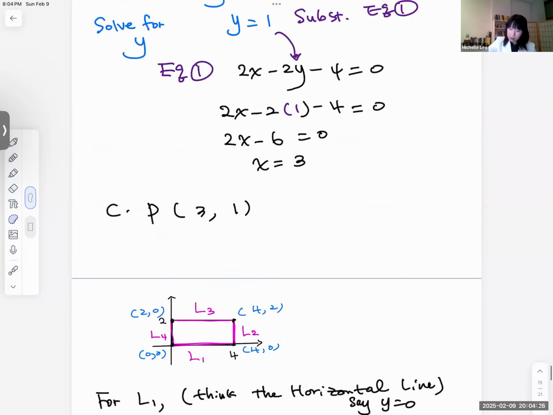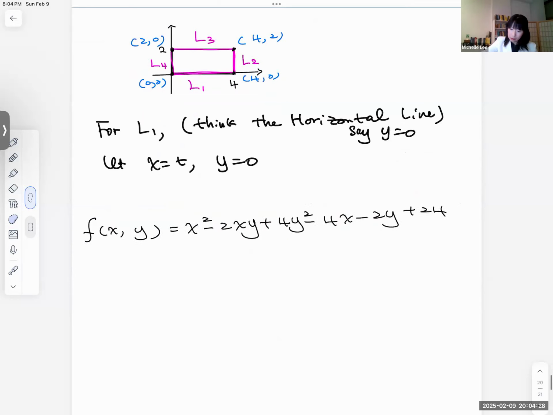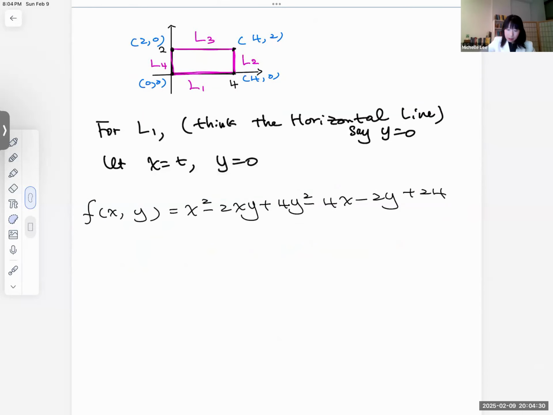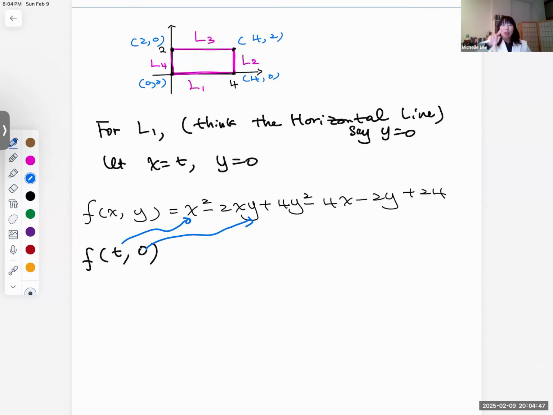Look, we said x equal to t, y equal to 0, that means we substitute t into x and 0 into y, right?